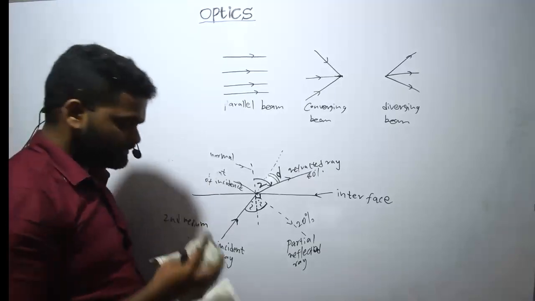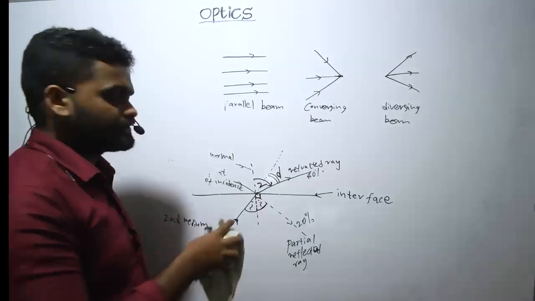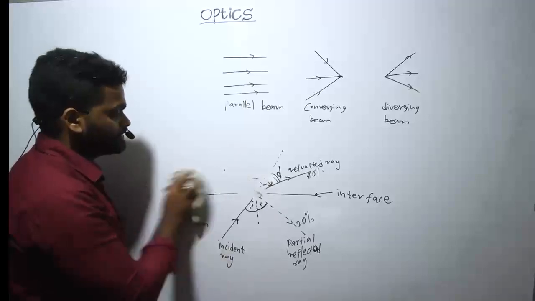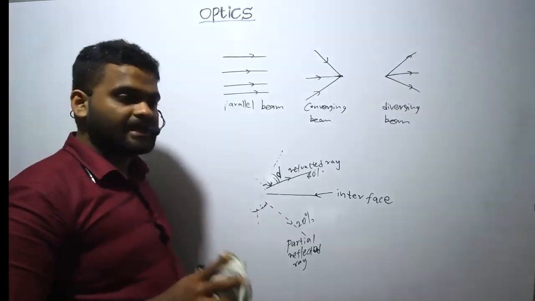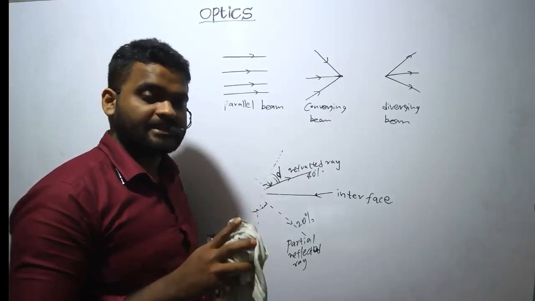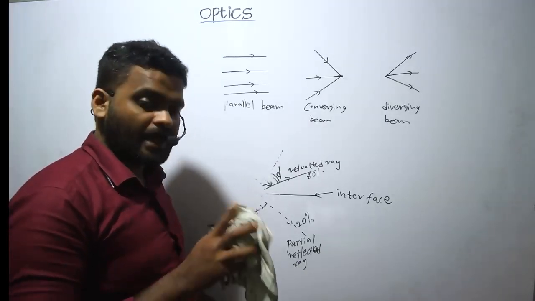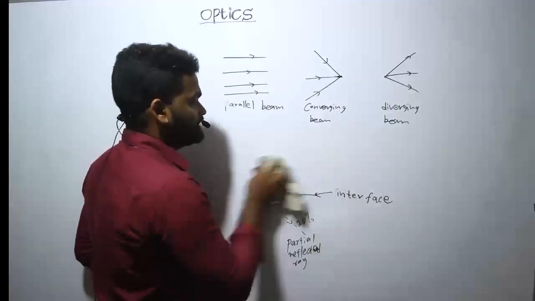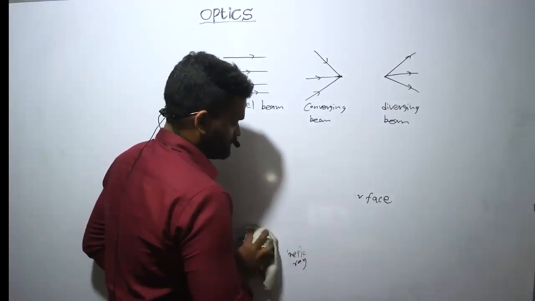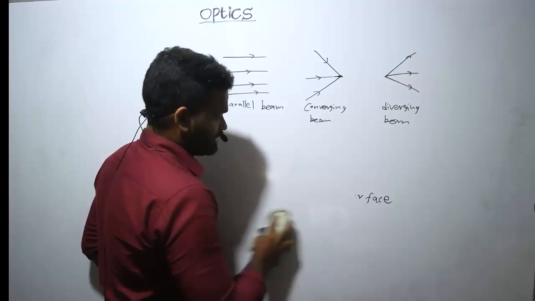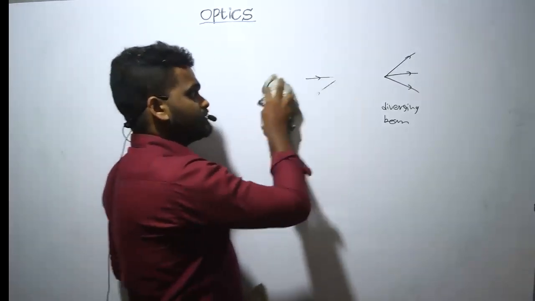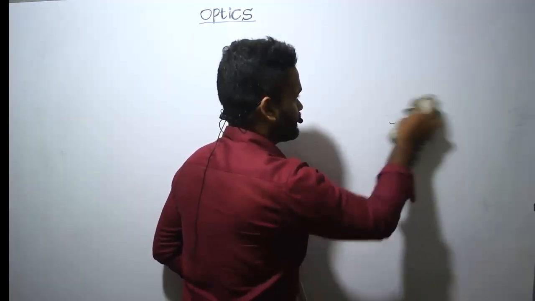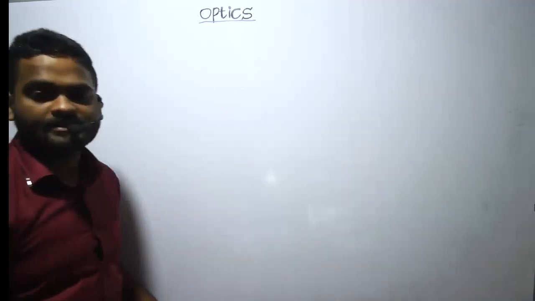Under that, in rare mediums, light speed is higher. Then on another line, in denser mediums, light speed is less, right?